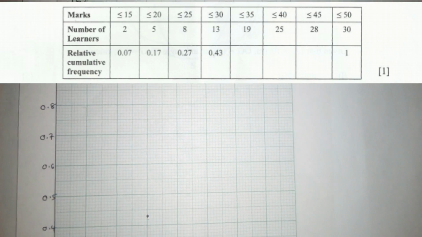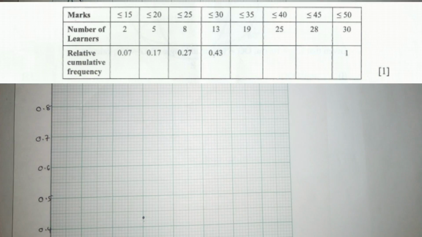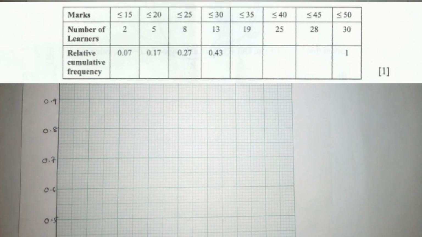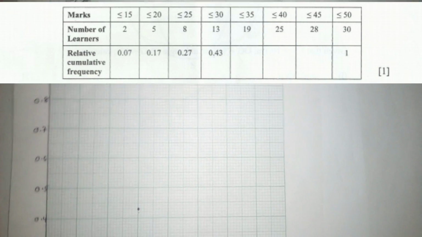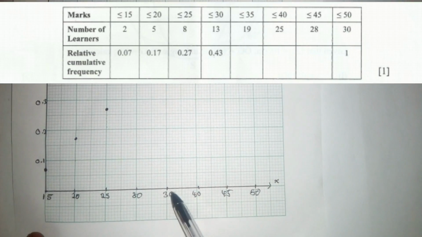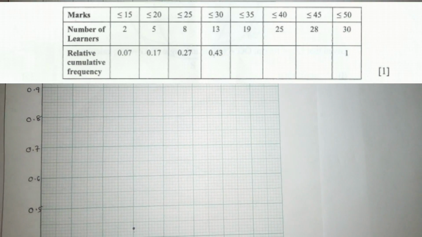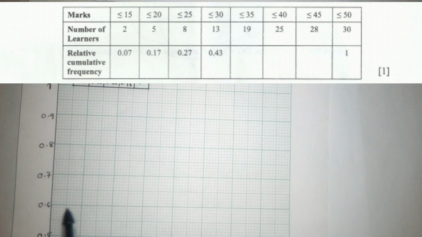The next will be 35, 0.6. So 35 is over here, and 6 is here.